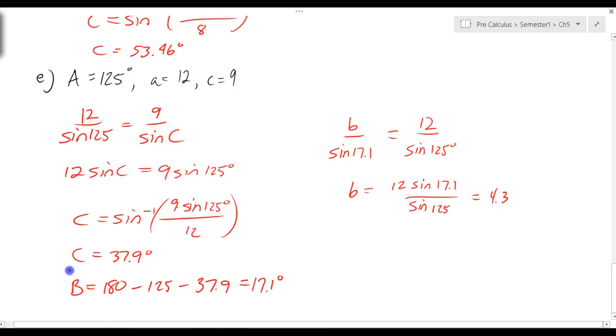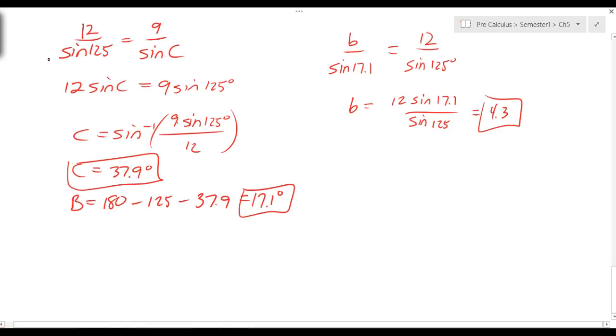We got angle C, angle B, and side B. Now let's check and see if there's another solution. What is the supplement of the answer that we got for angle C? What if we said C was equal to the supplement of 37.9?